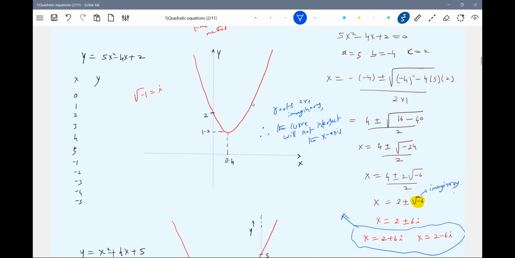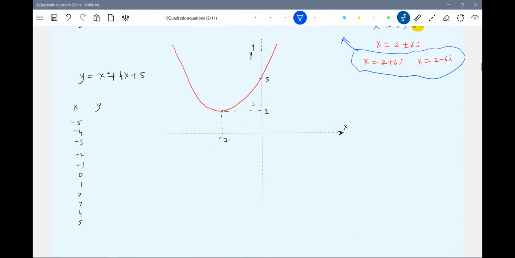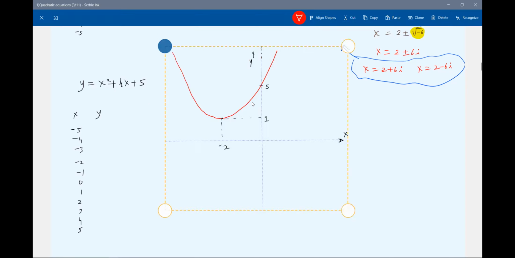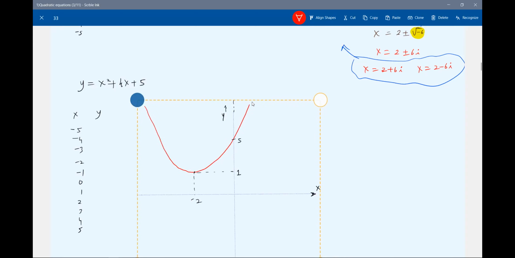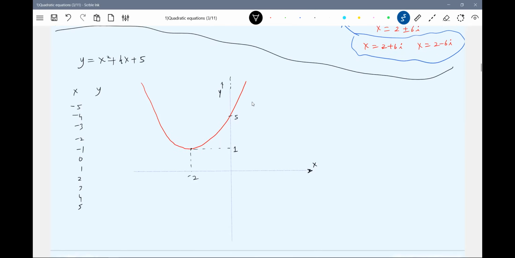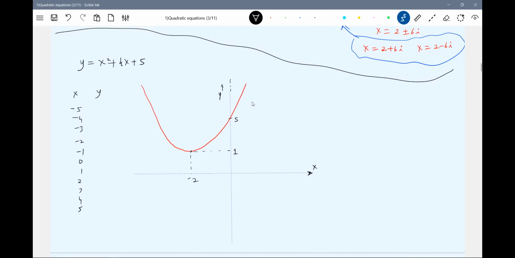So let's take one more that we had here. This is for the previous problem. So again, for different values of x is something we ended up. So let's solve this quadratic equation: x square plus 4x plus 5 equal to 0.